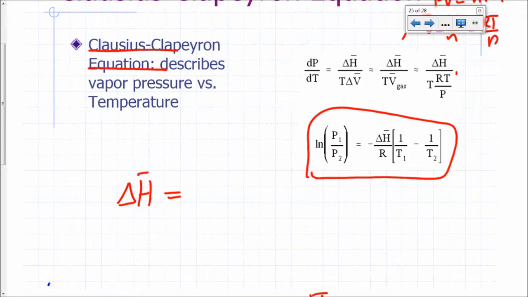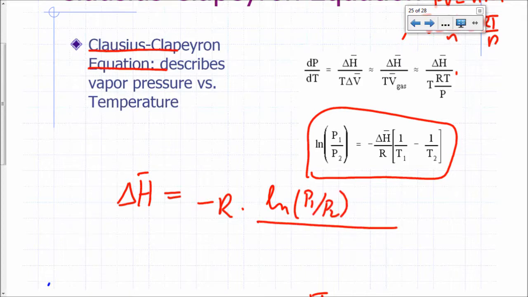That's delta H per mole for vaporization or sublimation, which would be negative R times natural log of P1 over P2 over 1 over T1 minus 1 over T2. Okay?